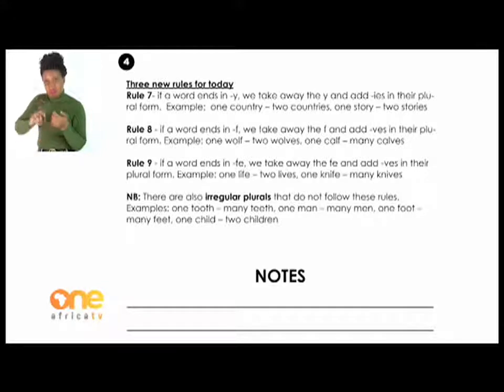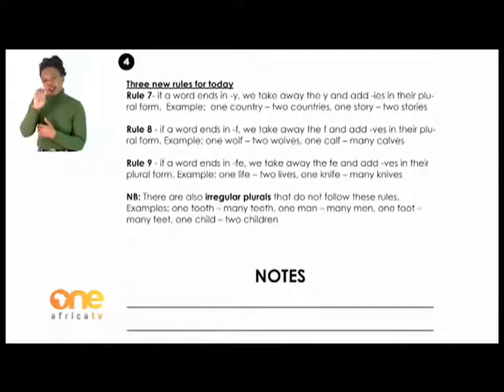Remember this. There are also irregular plurals that do not follow the rules. Some nouns do not follow these 9 rules. For example, tooth changes completely to teeth.